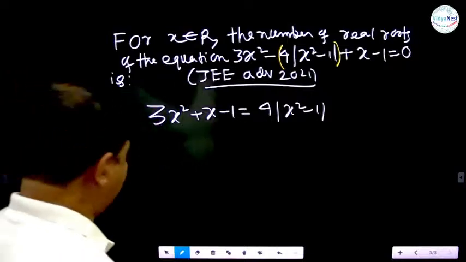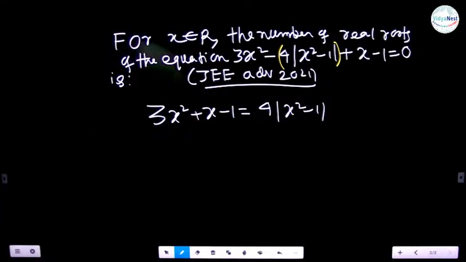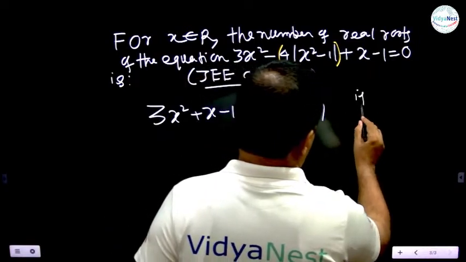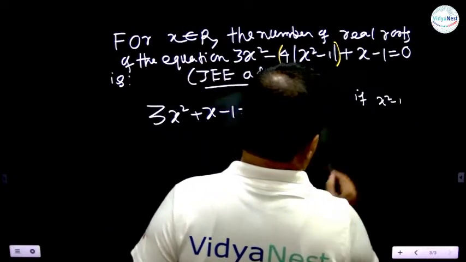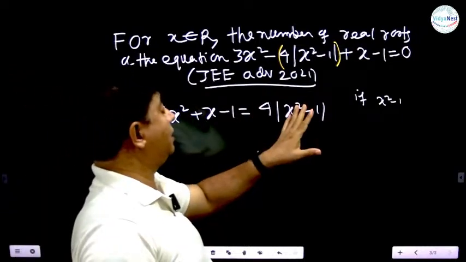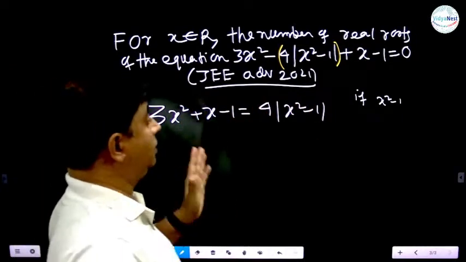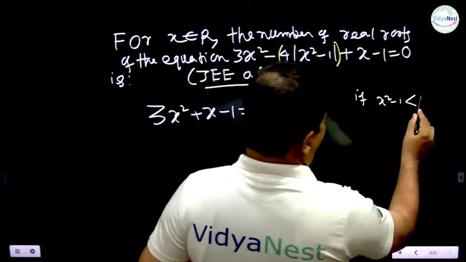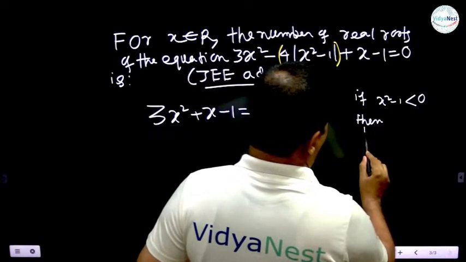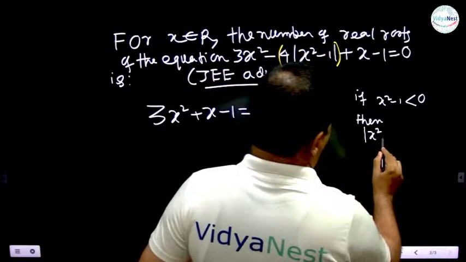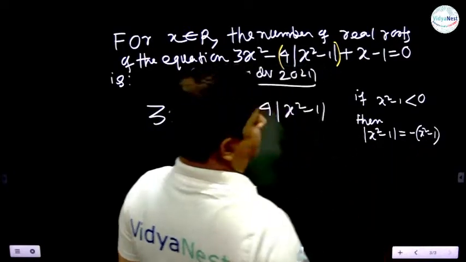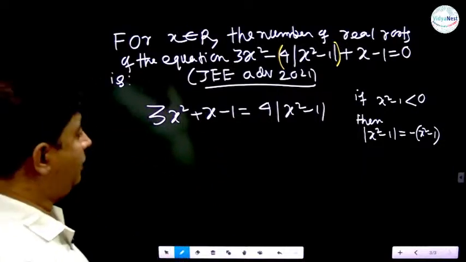Does it help us anyway? Let's see. If x square minus 1, whatever lies inside the mod, is less than 0, then mod x square minus 1 will remain with a minus sign.